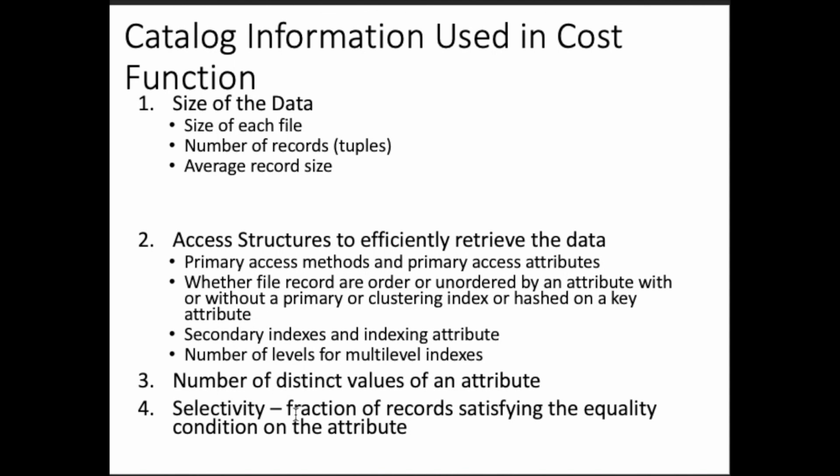And then, selectivity is the fraction of records satisfying the equality condition on the attribute. So, kapag mas marami yung tinatry nating i-retrieve sa evaluation ng selection, mas matagal yung evaluation ng query.